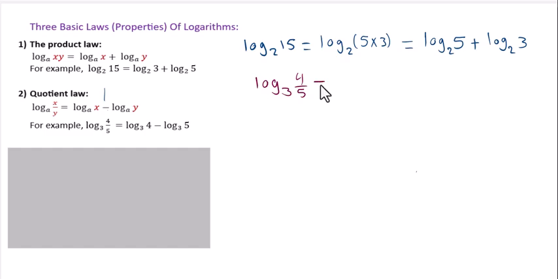That will be equal to, I have the quotient of two factors, so I can write this log as log base 3 of 4 minus log base 3 of 5. It will be the difference of two logs.